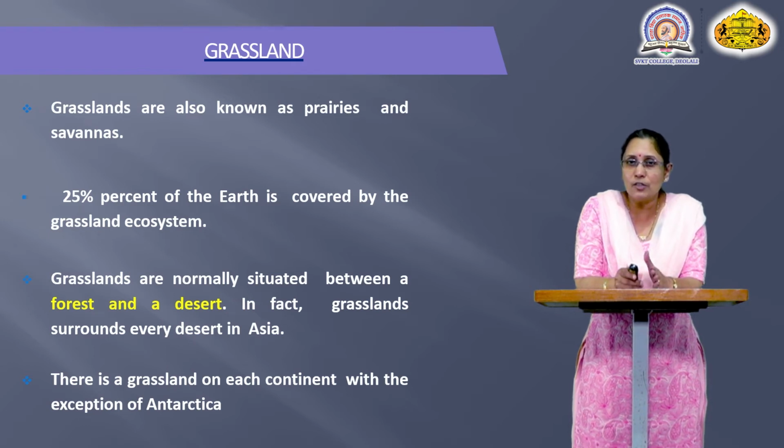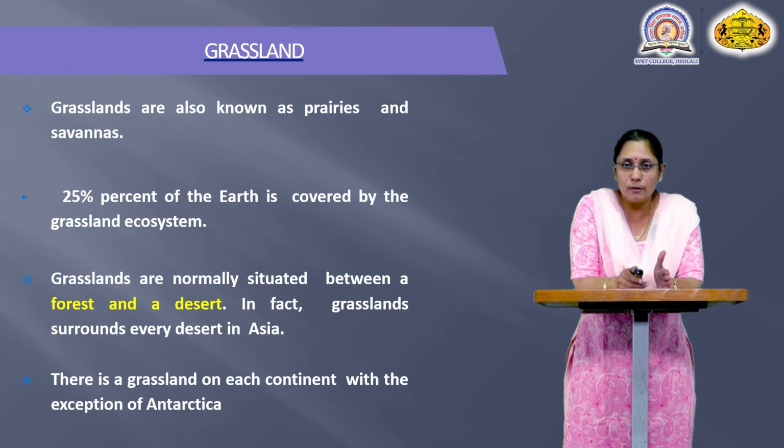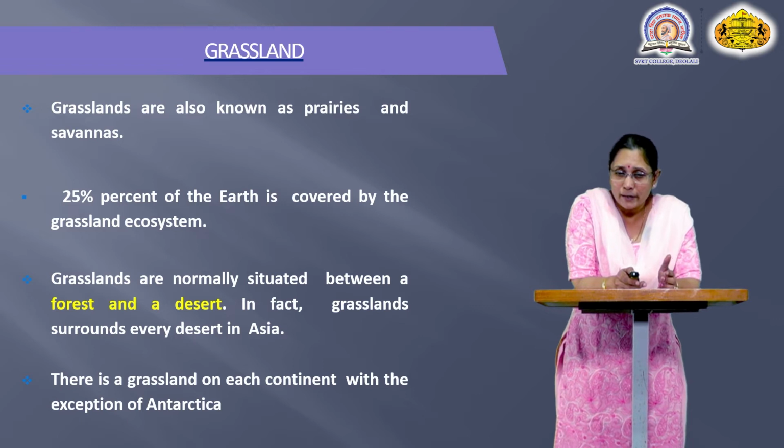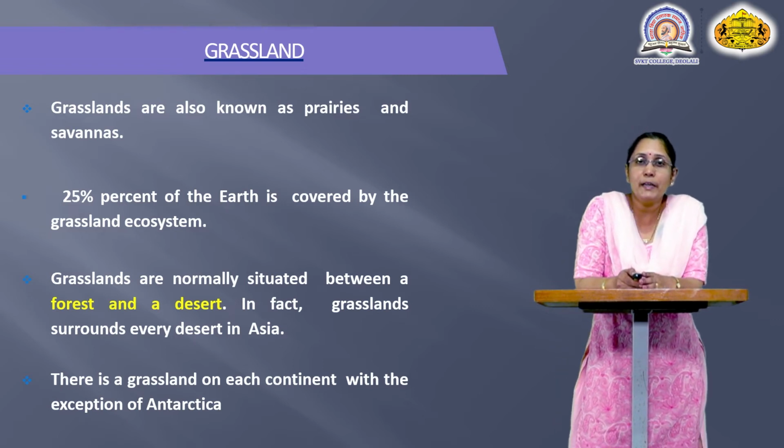Whatever region we can see in between forest and desert is nothing but the grassland, or grasslands are especially observed in this particular zone, in between desert and some part of the forest. In fact, this grassland surrounds every desert in Asia.